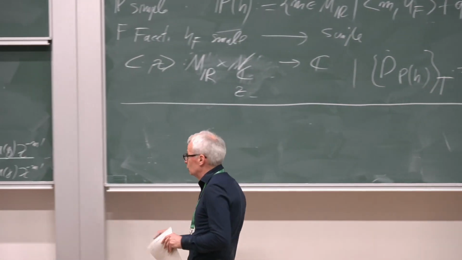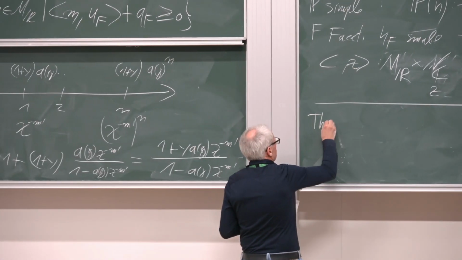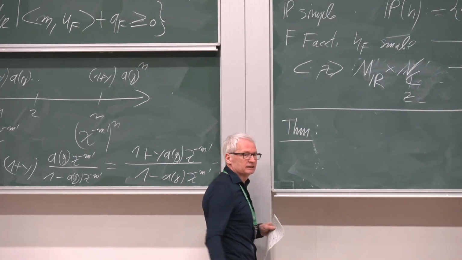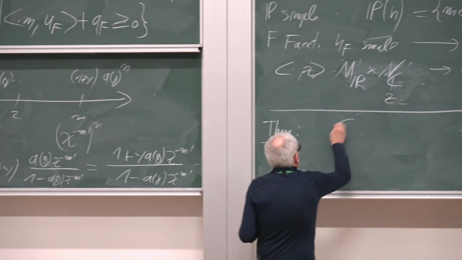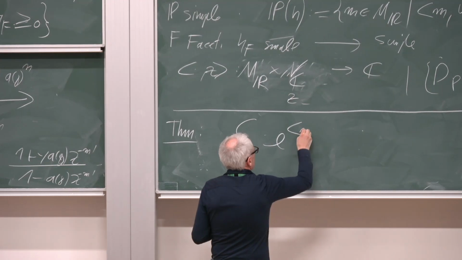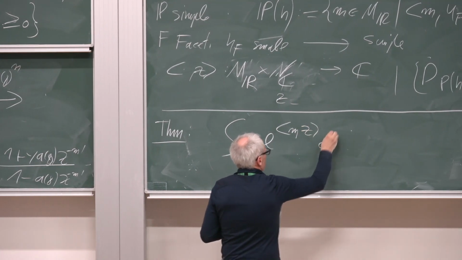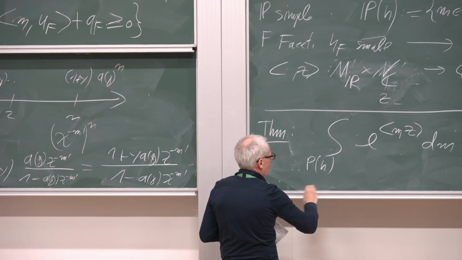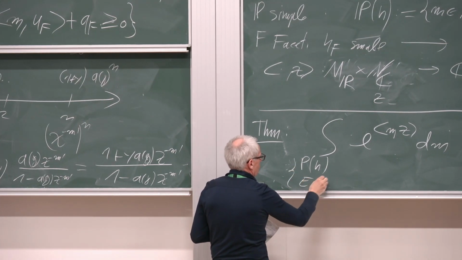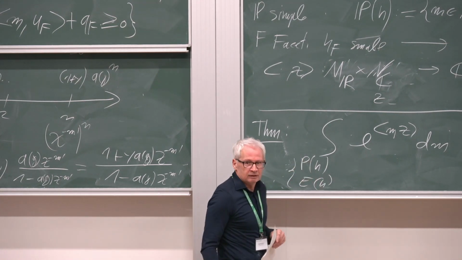Okay, so now we have the basic ingredients, and now I can't resist writing the key technical formula. This is not where we want to go, but this is the key technical formula where all the applications are coming from. You integrate now the function e^{<m,z>} dm either over this dilated polytope, or over the dilated face.